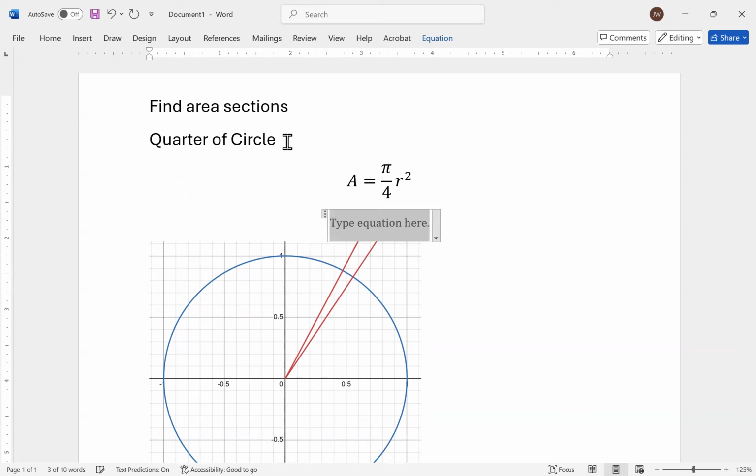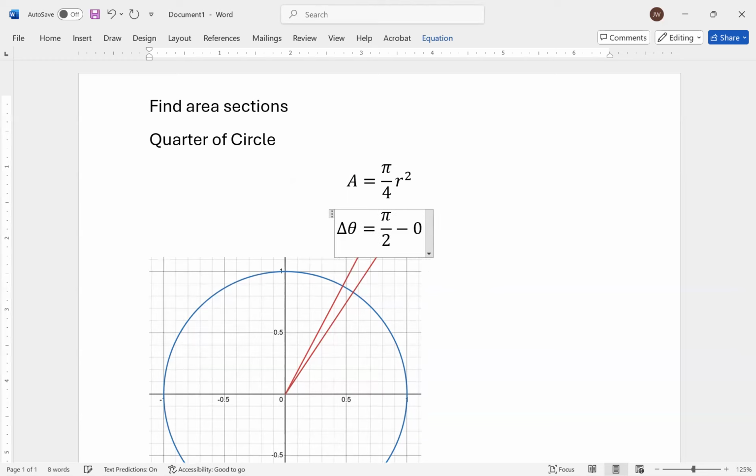So what I'm saying is that if we're talking about the change in angle for a quarter of a circle, it goes from angle 0 to angle pi over 2. So it would be pi over 2 minus 0, which is just pi over 2.